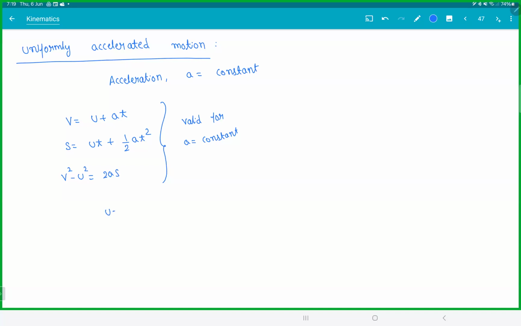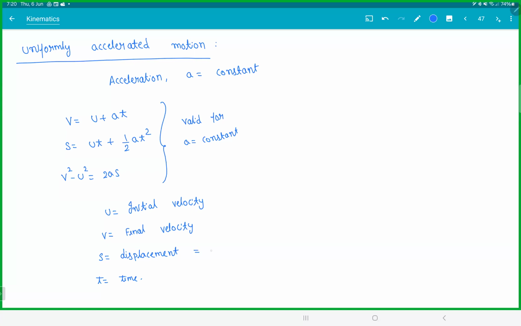So here u is your initial velocity. v is final velocity. s is displacement. t is time.